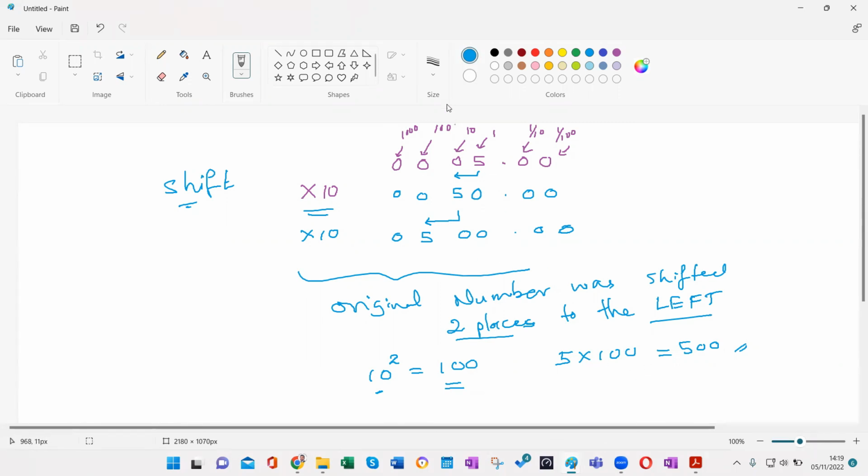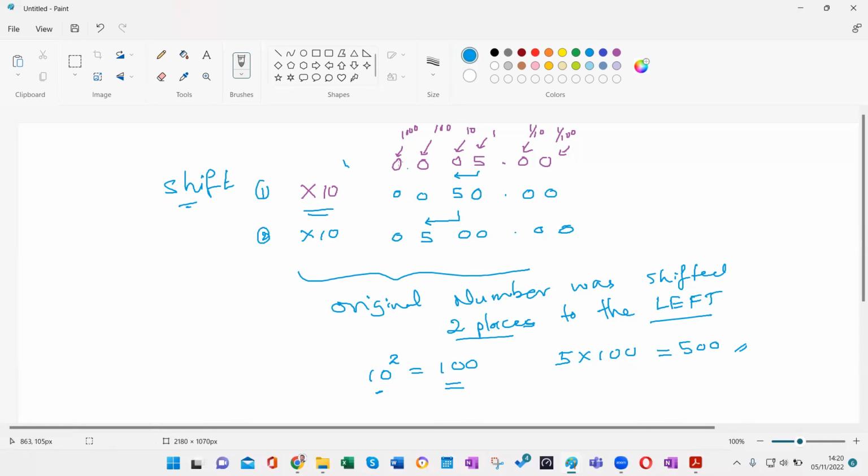If I did it step by step, 1 digit to the left, the original value is multiplied by 10. Do it one more time, the previous value is multiplied by 10. That means if you do it step by step, place by place, the previous value is multiplied by 10 each time.